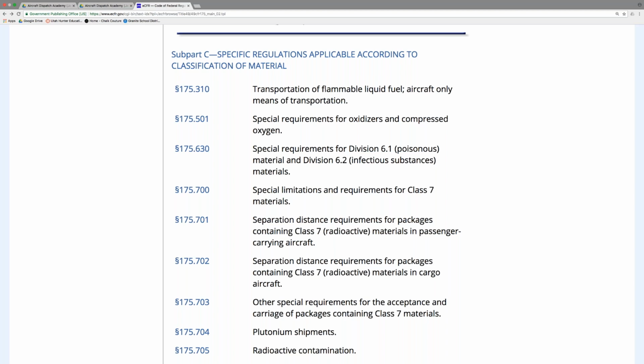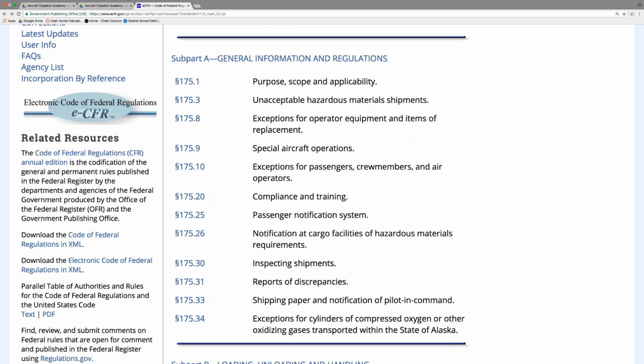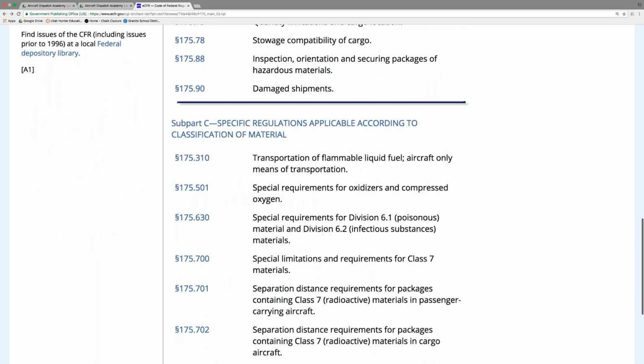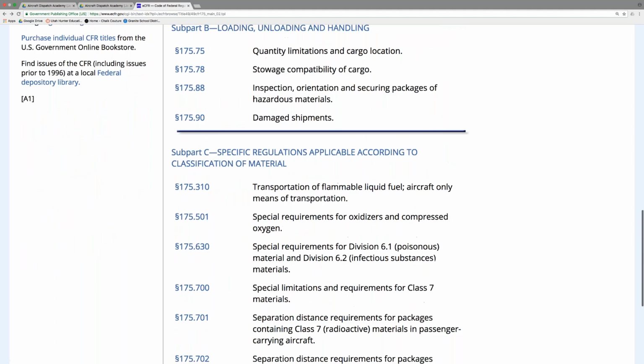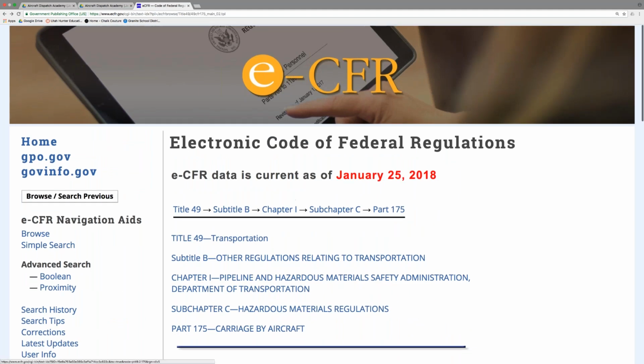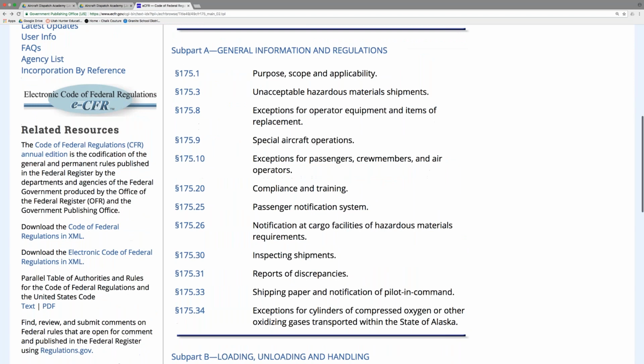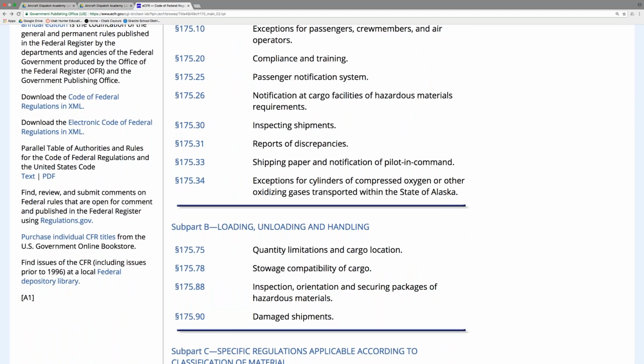Or say they want to bring a Mylar balloon onto the aircraft, we would just send them over to these people if there are questions like that, and they would take care of it. And this is the part that they're under, that they have memorized. So yeah, it's just important to know where to find these. Once again, carriage by aircraft. So 175 goes over the things that we can bring on an airplane. Sorry.